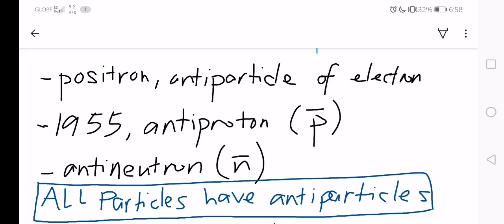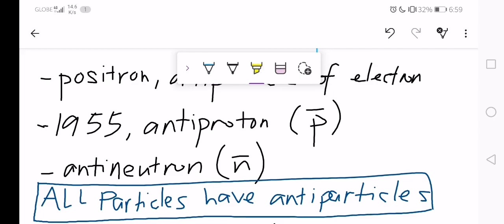So later experiments in 1955 showed that an antiparticle for the proton also exists. So there's an antiproton, and there's also an antineutron. So by notation, we put a line above the particles so that we know that it is an antiparticle.